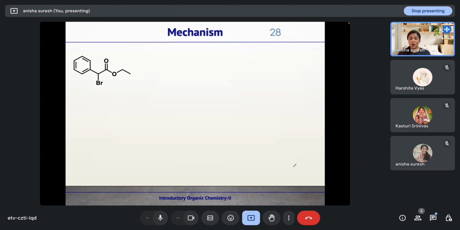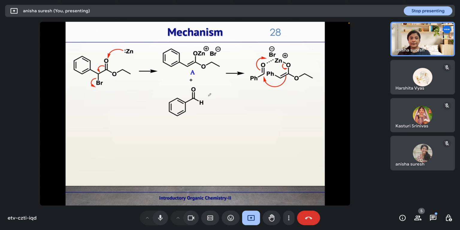So coming to our compounds, we have this compound. Zinc will add on to this oxygen, this bond will shift here, and the bromide will leave, leading to formation of this enolate. So this is our compound A, and this compound A is going to add on to this electrophilic aldehyde.